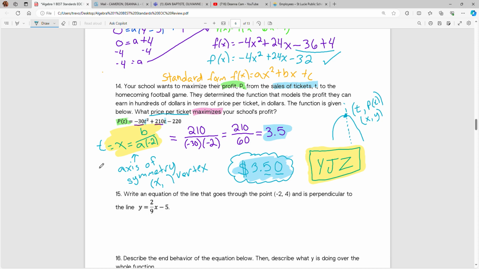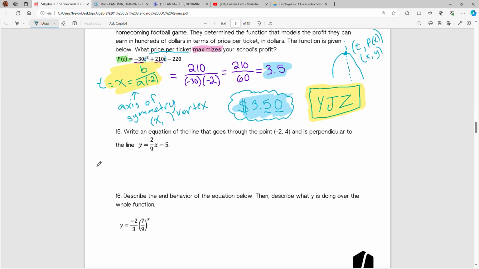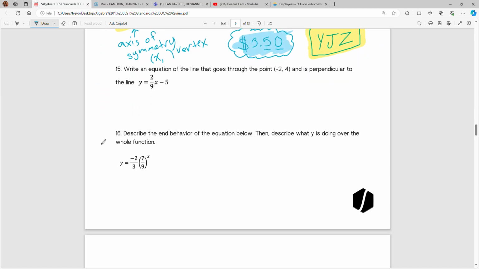All right, I think we got that. And there's 2 more questions on this page, so let's continue to number 15. Write an equation of a line that goes through the point -2, 4, and is perpendicular to the line y equals 2/9 x minus 5.